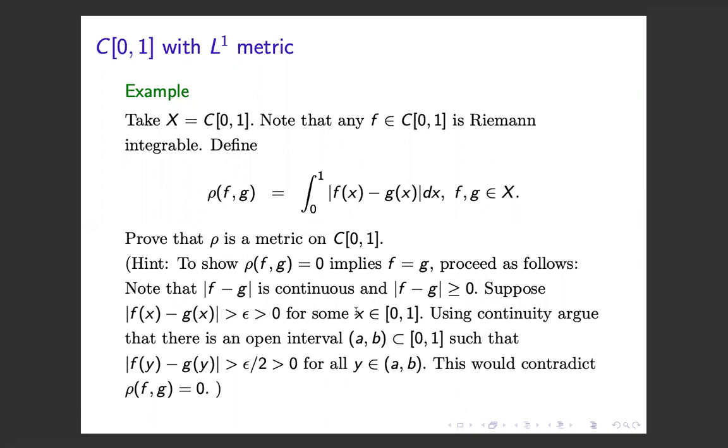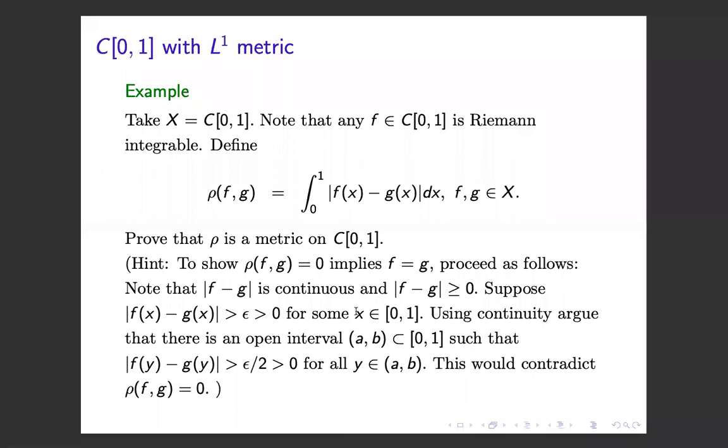I leave it to you to check that rho is a metric on C[0,1]. The only thing you have to take care of in proving that this is a metric is that rho(f, g) = 0 implies f = g. For that, I have given the hint, namely |f - g| is continuous, and also |f - g| is greater than or equal to 0.